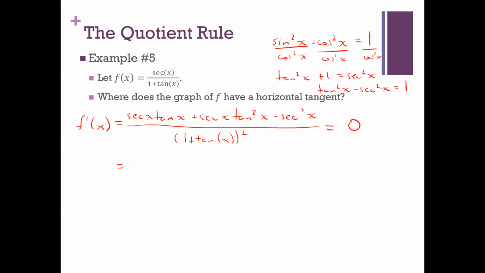I can also rewrite this derivative like this: secant of x times tangent of x plus 1, all over 1 plus tangent of x, squared.